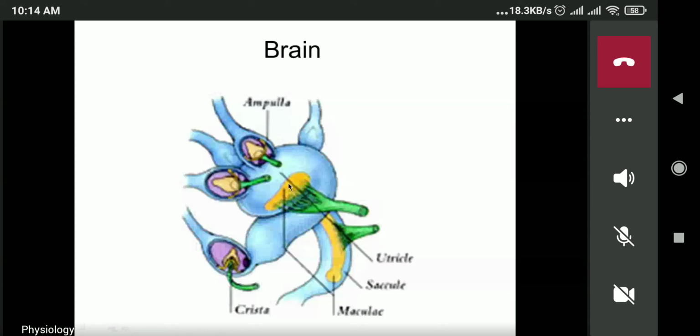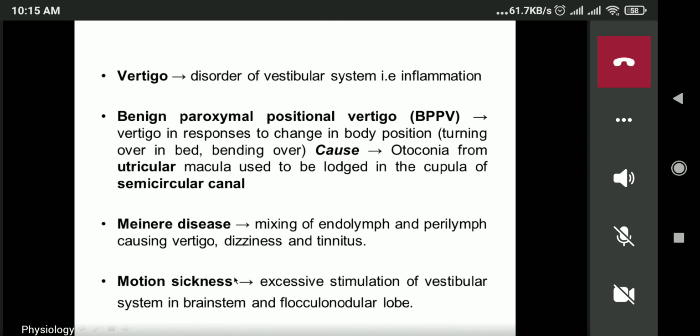See, from here the otoconia or calcium carbonate crystals are dislodged and lodged here. Then there will be BPPV. Again, otoconia from the utricular macula lodge in the cupula of the semicircular canal, ampulla, cupula, whatever it may be.